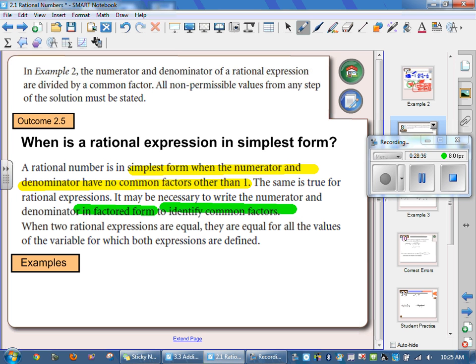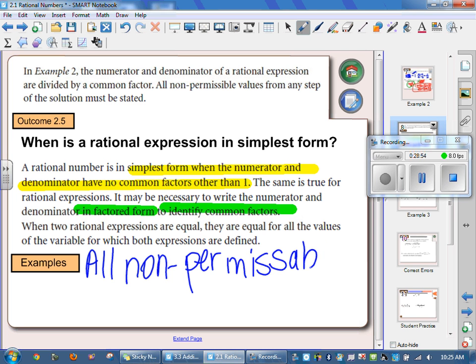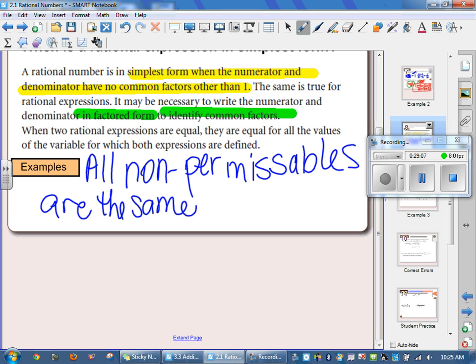So all your non-permissibles are the same in the original factored form and in the simplified form.